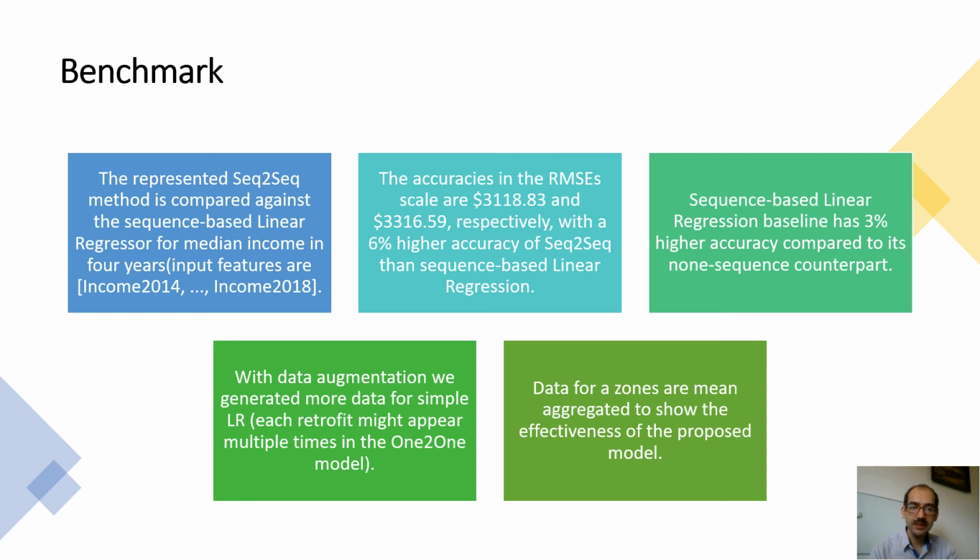The simple linear regression is developed based on augmented instances, as for every retrofit, we have five different inputs for incomes of 2014 to 2019.